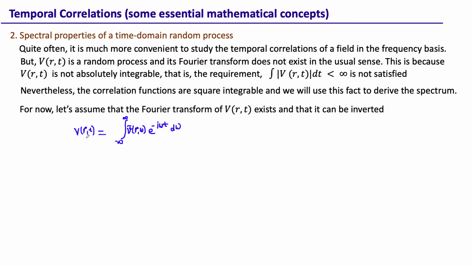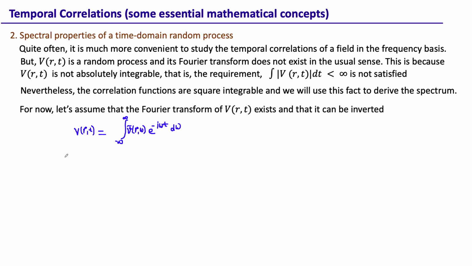Okay, so now this equation is a Fourier transform, and as I just said, we take this Fourier transform in the symbolic sense, and we will try to derive some physical meaning only when we calculate the correlation function.